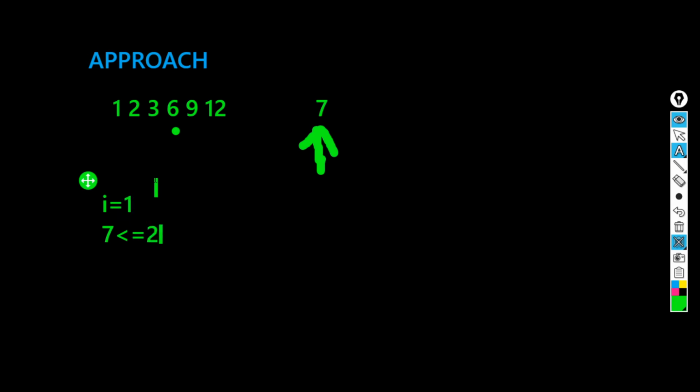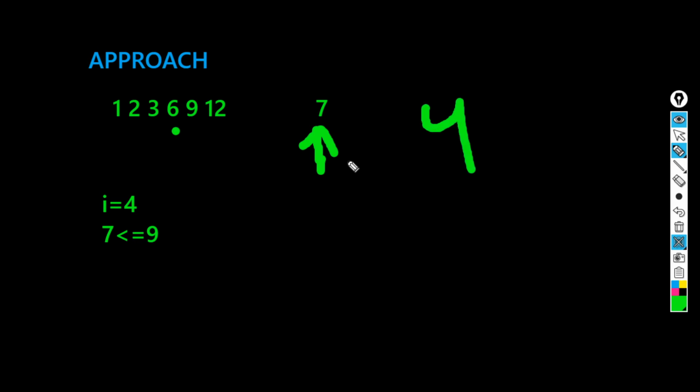Now the value will increment, value will be 2, so it is also not. Now we replace it by 3, here it will be 6. Now here I go to 4. Here I get 9. So 9 is greater than or equal to 7, so it will return the value of i. So at the end the answer is 4.